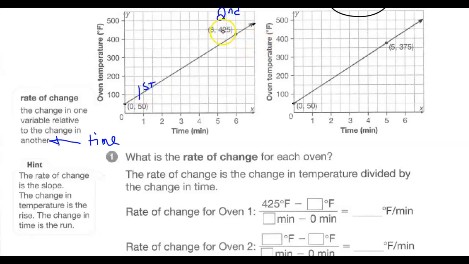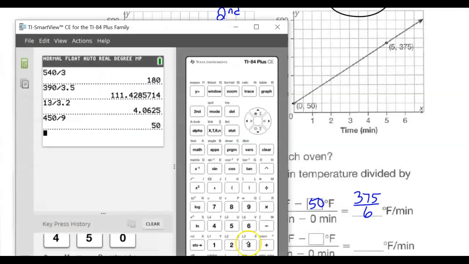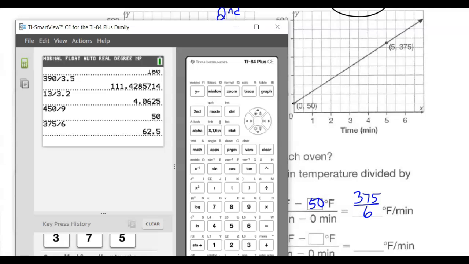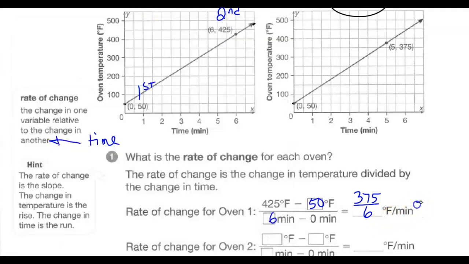So Y2, 425 minus Y1, 50, over X2, which is 6, minus 0. So that's going to be 375 over 6, which is 62.5 degrees Fahrenheit per minute.